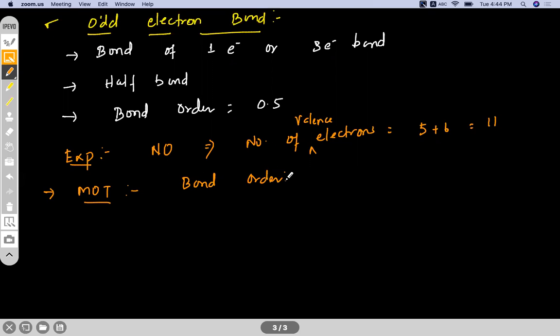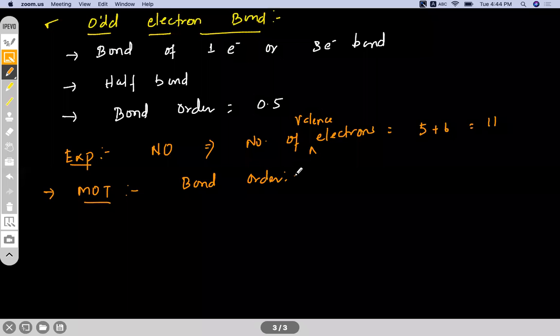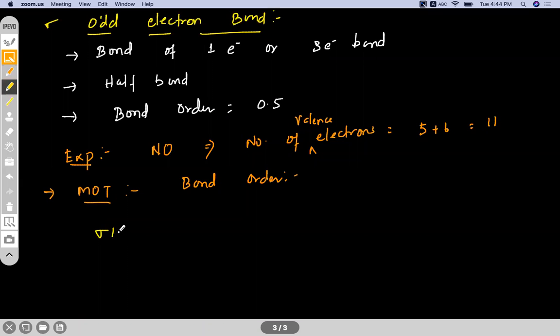Let's find out the bond order first. So the orbitals are sigma 1s, then sigma star 1s, sigma 2s, sigma star 2s, then pi 2px, pi 2py, sigma 2pz, that is enough, right?